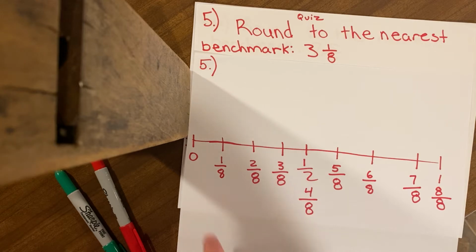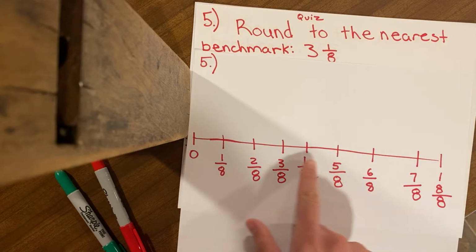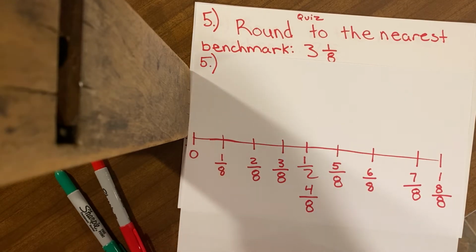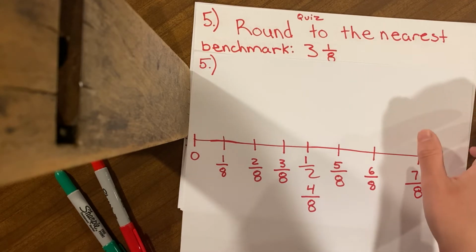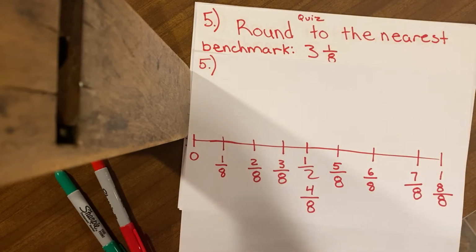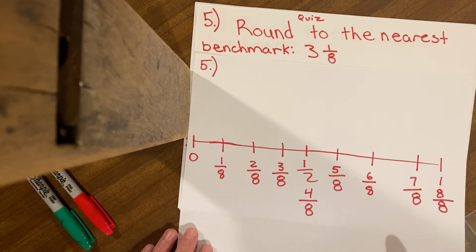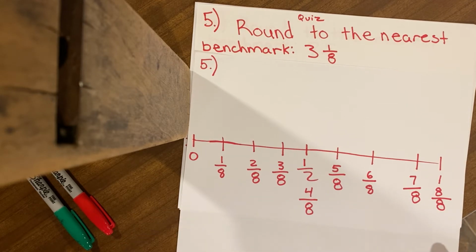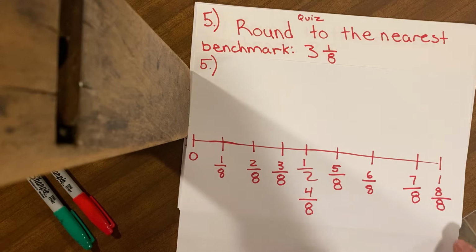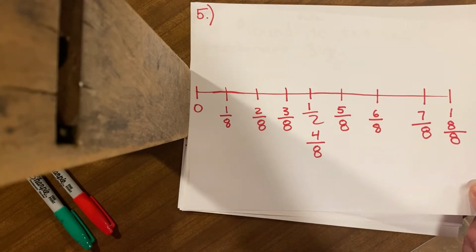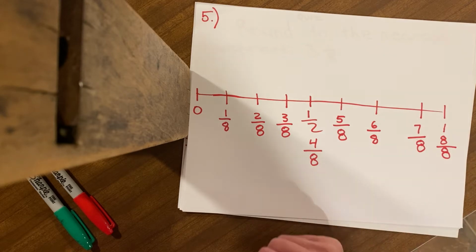You're going to find that on the number line and see what it is closest to. Once you have found 1/8, you're going to round the 3 either up or down, or you're going to round your 1/8. So at this time, pause the video, use this number line to help you for number 5.